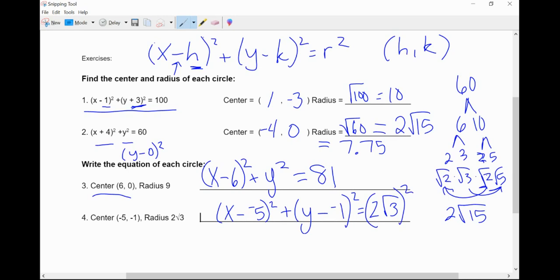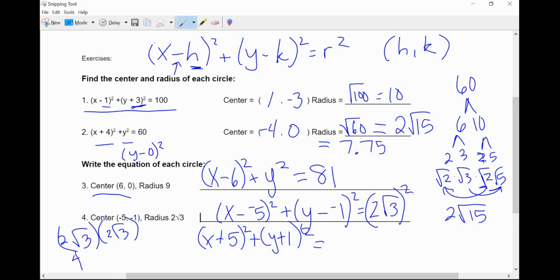Okay, first of all, over here we have x plus 5 squared plus y plus 1 squared equals, now I'm going to do this on the side, 2 square root of 3 times 2 square root of 3. 2 times 2 is 4. Square root of 3 times square root of 3 is square root of 9, which is 3. That equals 4 times 3, which is 12. So that is the equation of the circle.